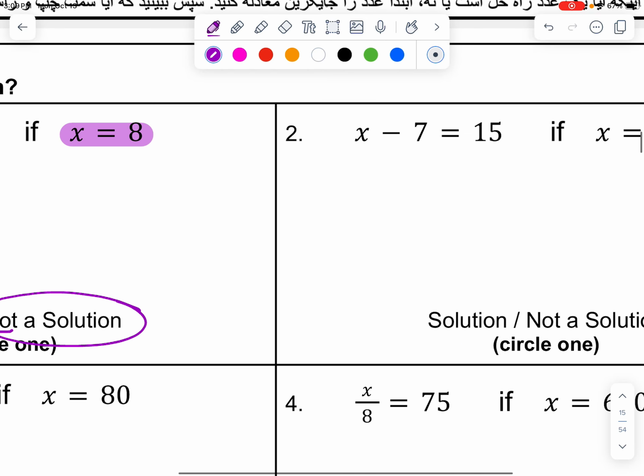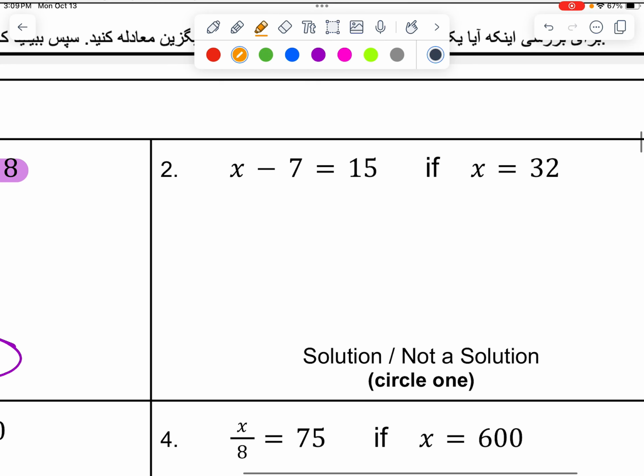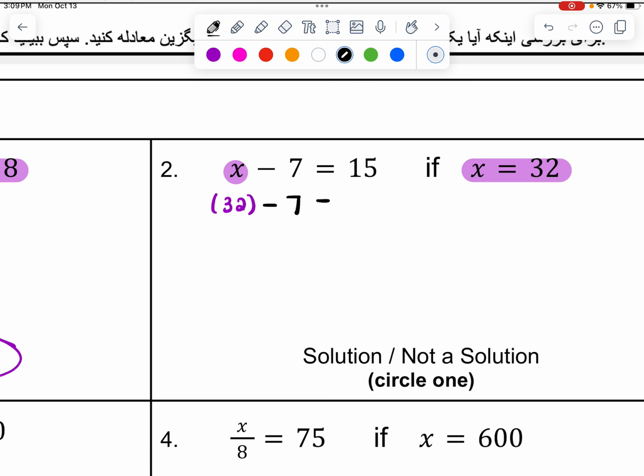For problem 2, here is x, the variable. Check to see if x is 32. First, I will substitute parentheses 32 and then copy minus 7 equals 15.